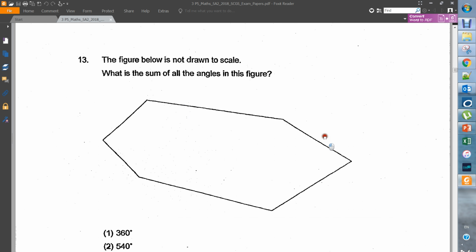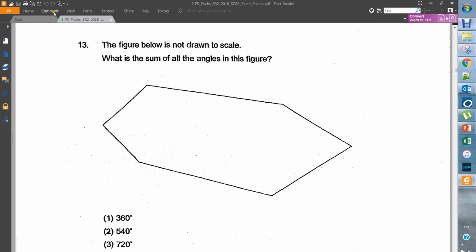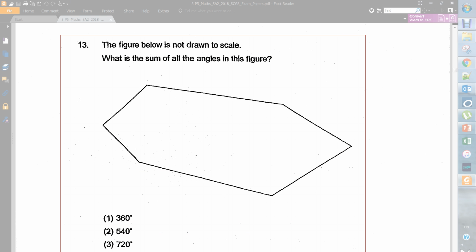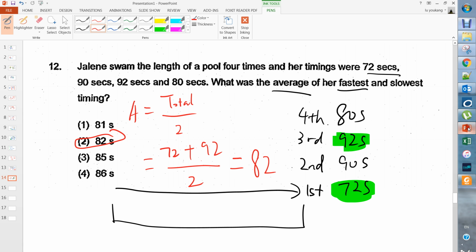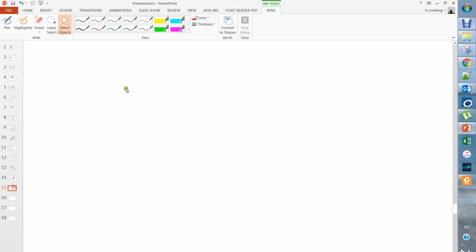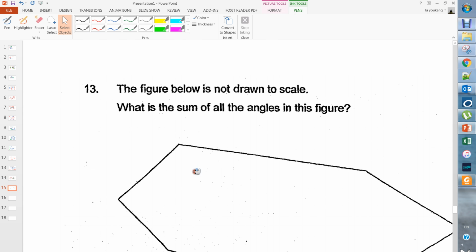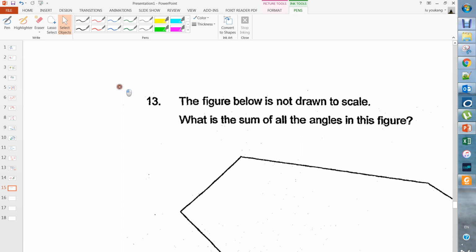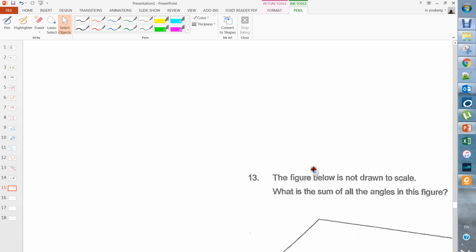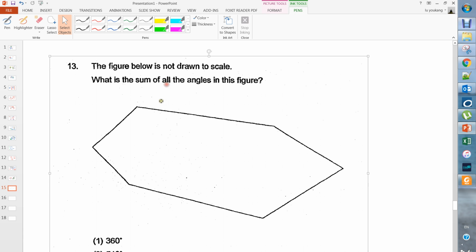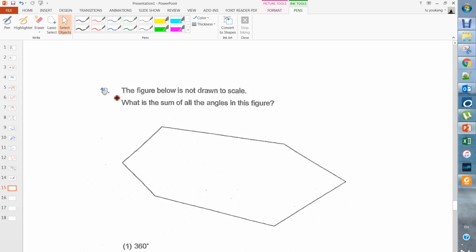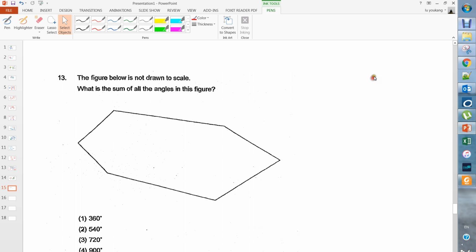What's this? So what is this shape? What's this shape called? Okay, what are the shapes we talk about so far? Triangle.